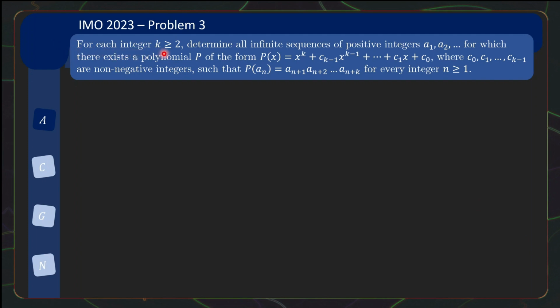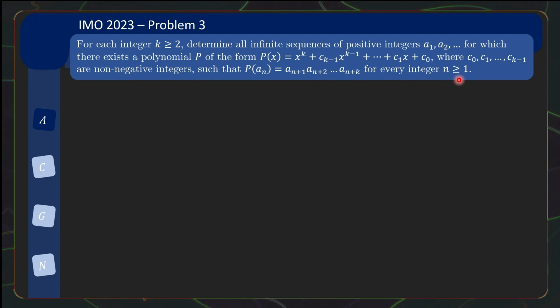For each integer k greater than or equal to 2, determine all infinite sequences of positive integers a1, a2, and so on, for which there exists a polynomial of the form P(x) equals to a k-power polynomial, monic, and all the coefficients are non-negative integers, and such that P of a_n equals the product of the next k terms in our sequence for every single value of n.